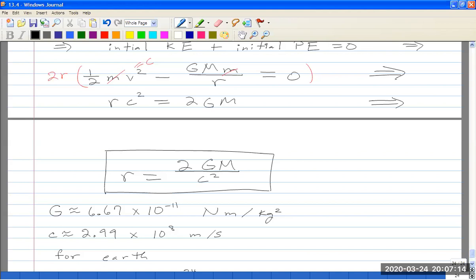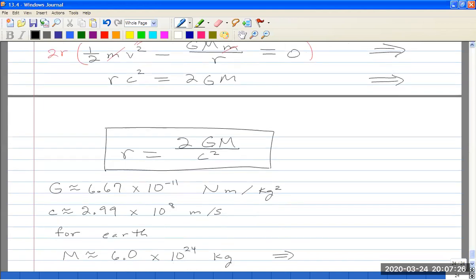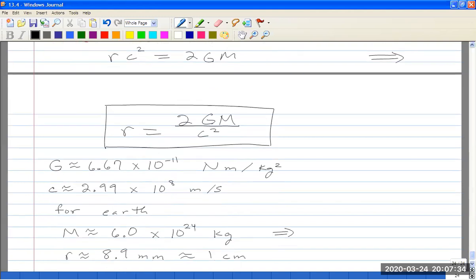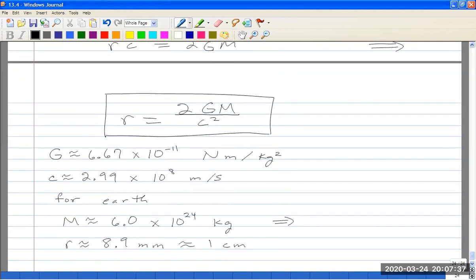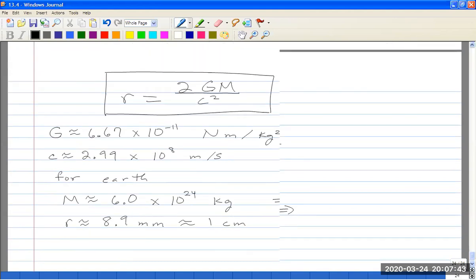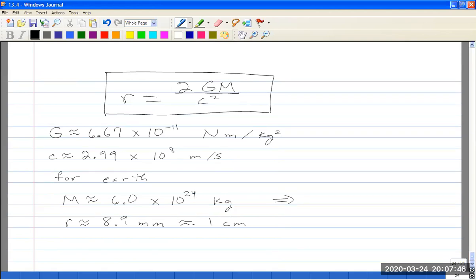Newton's universal gravity constant is approximately 6.67 times 10 to the negative 11 newton meters per kilogram squared. The speed of light is approximately 2.99 times 10 to the 8 meters per second. The mass of the Earth is approximately 6 times 10 to the 24 kilograms. And so if you crush the Earth so that it had a radius of 8.9 millimeters, approximately 1 centimeter, then it would become a black hole.